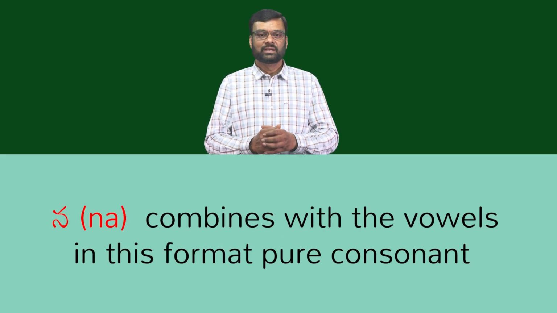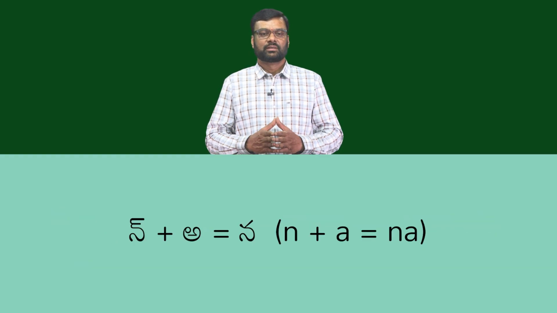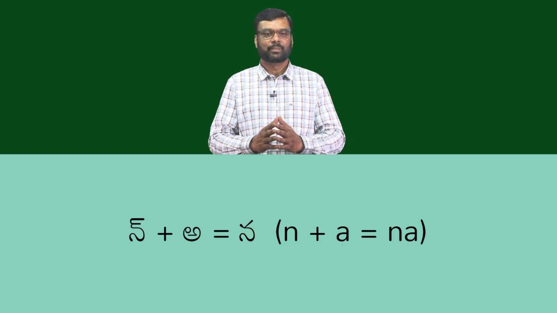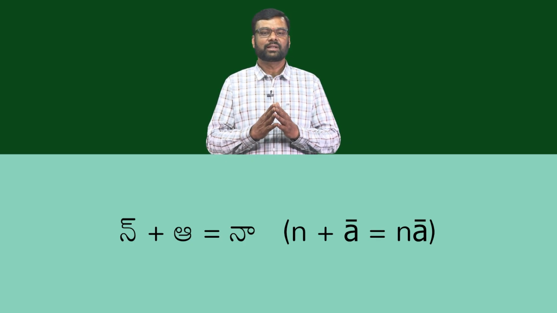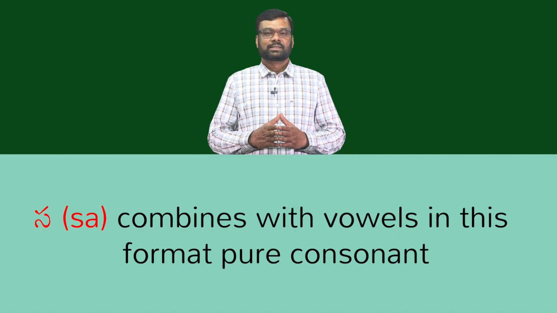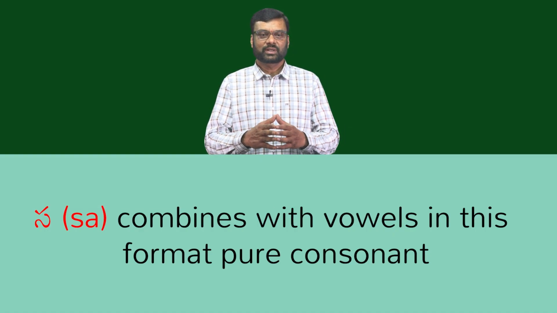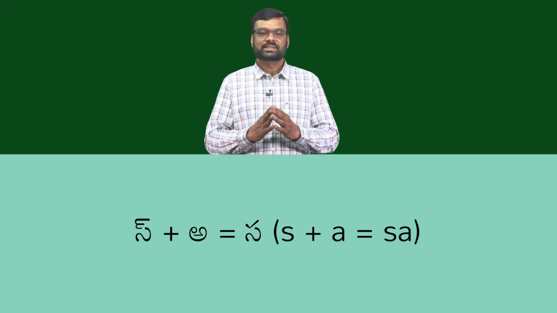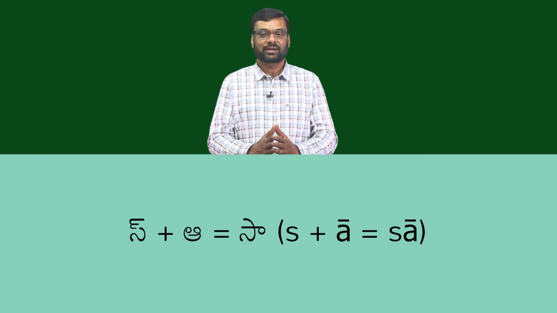Na combines with the vowel in this format: pure consonant Nu plus A is equal to Na. Sa combines with the vowel in this format: pure consonant S plus A is equal to Sa.